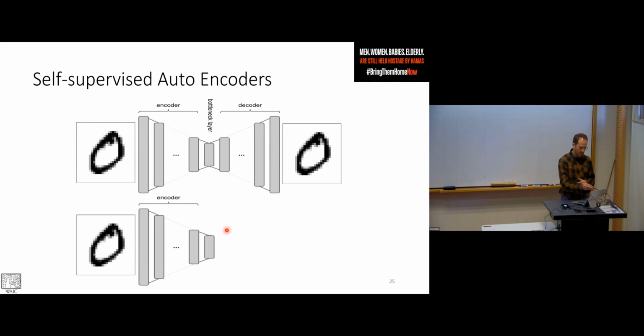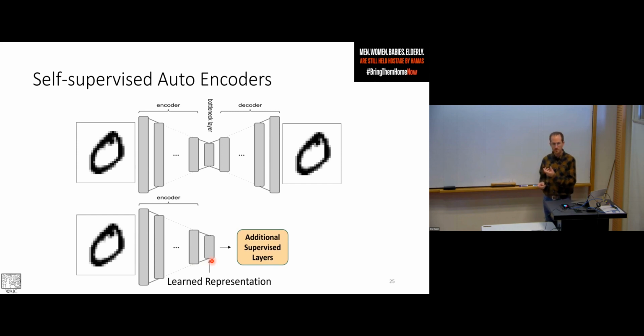Once we have this representation, we can add supervised layers and do some supervised task, like we did with DINO. So in self-supervised learning, we are more interested in the encoder part of the autoencoder. So this is the autoencoder. Let's talk about the masking approach.